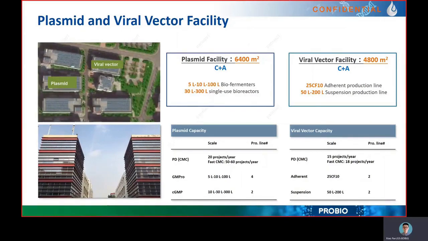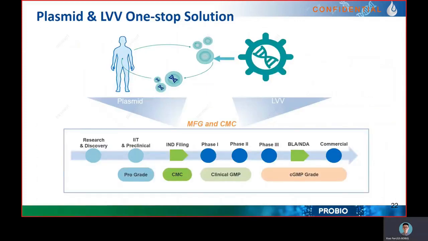And for the viral vector facility, we have 50 to 200 liter suspension production cell line, as well as adherent production cell line. We offer plasmid and LVV one-stop solution, ranging from research and discovery all the way towards commercialization by providing cGMP grade products and processes.